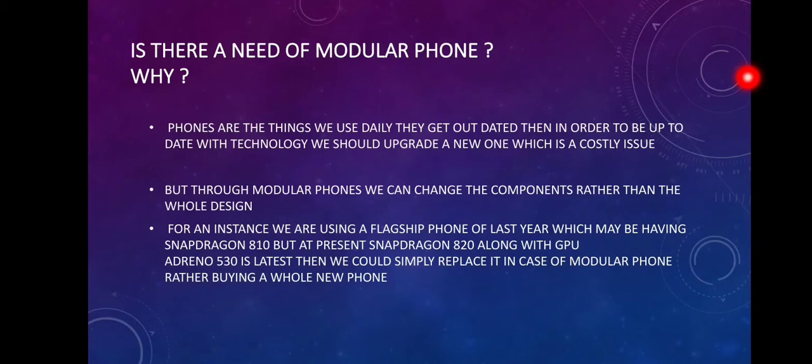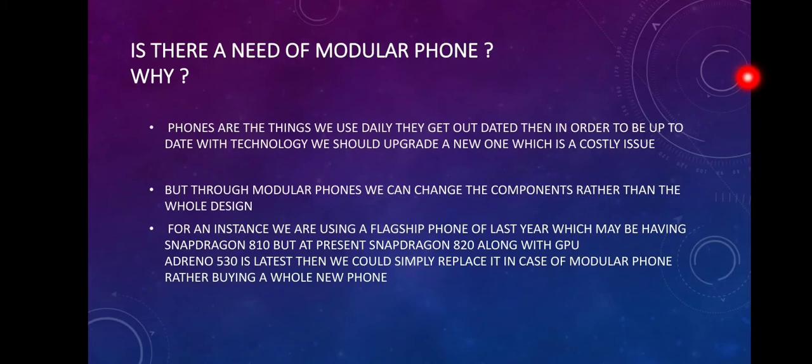For instance, we may be using a flagship phone from last year with a Snapdragon 845 or 855, but at present the Snapdragon 865 and 865 Plus, along with the Adreno 635 GPU, are the latest.